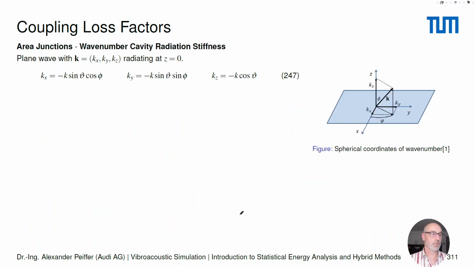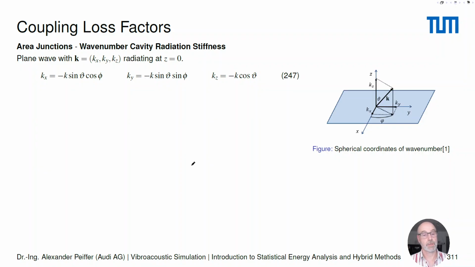Now let's see what would be the case if we used wave number coordinates, not the discrete coordinates. That means we assume a plane wave radiating here from the plate, from the vibration. The plane wave is defined by kx and ky, and also by the z angle.